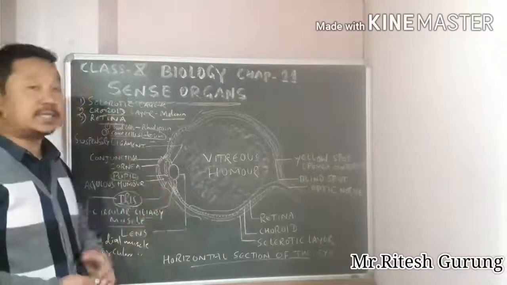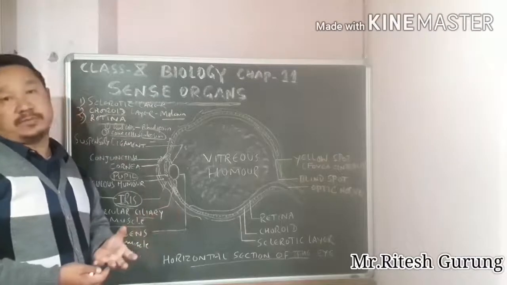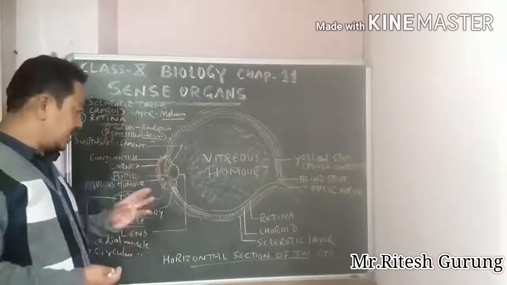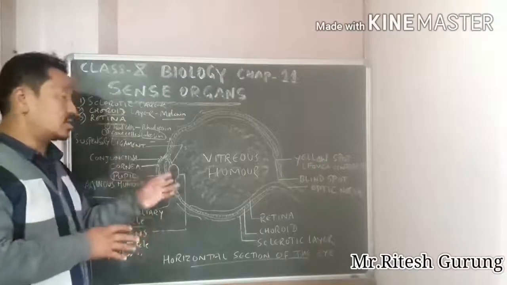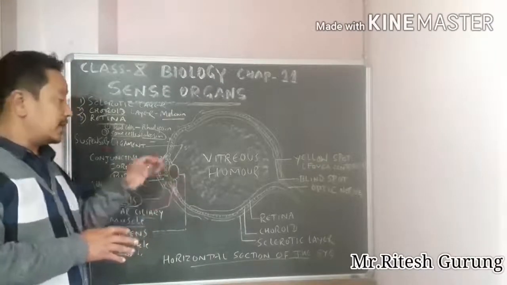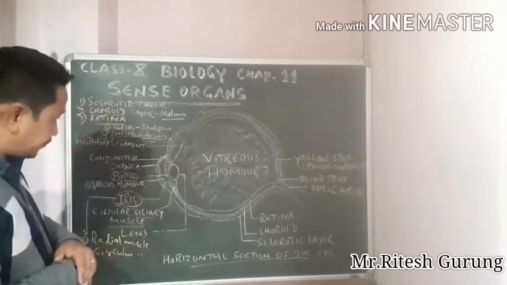It has to alter its shape, and for altering the shape, the ciliary muscle controls it. And this is your lens.